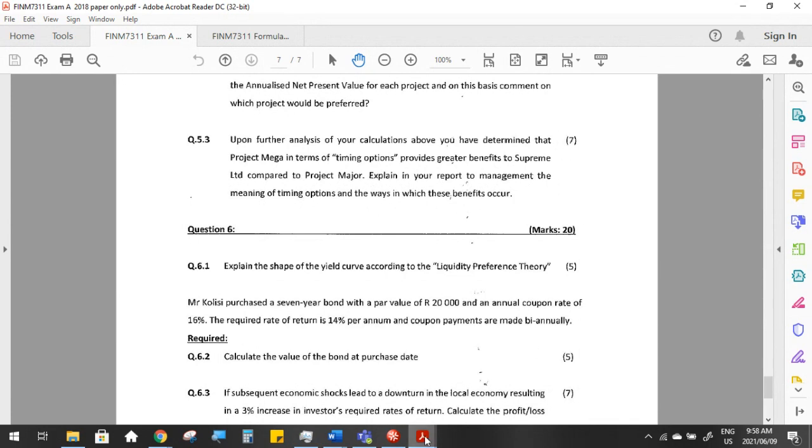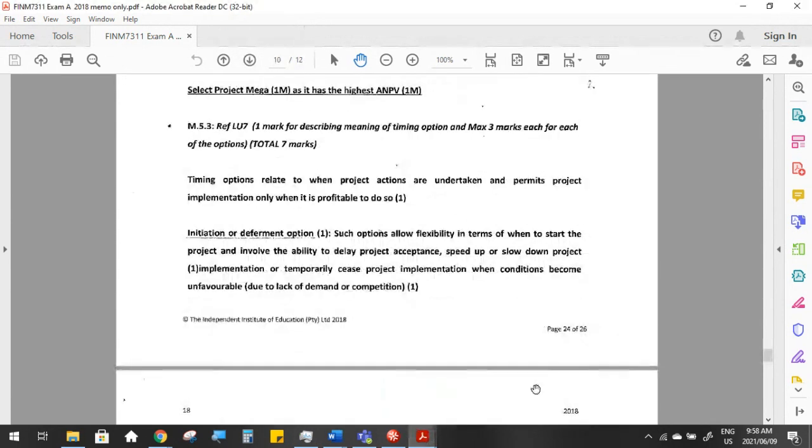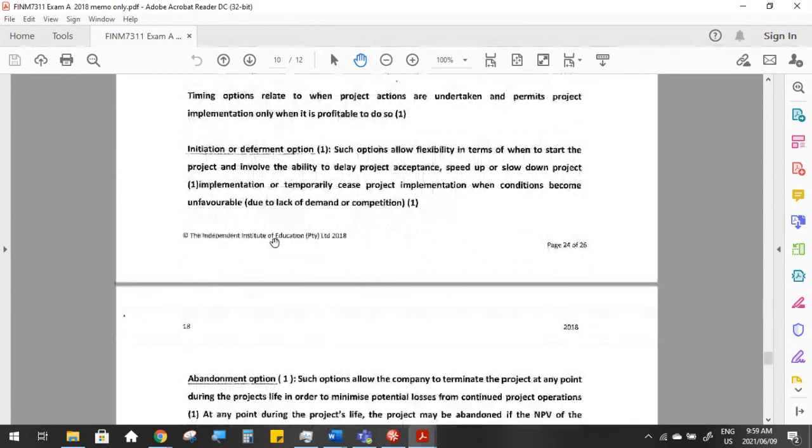So for 7 marks, if you have a look at the memo, there's 1 mark for describing the meaning of timing options and a maximum of 3 marks each for each of the options, total 7 marks. So 2 options, 3 marks each, and 1 for describing. So again, this is just your theory, so this has come straight out of the textbook.